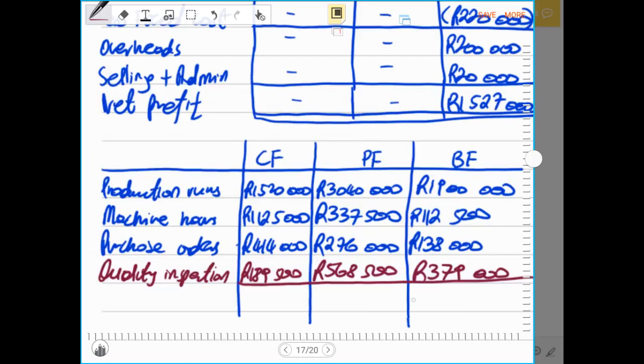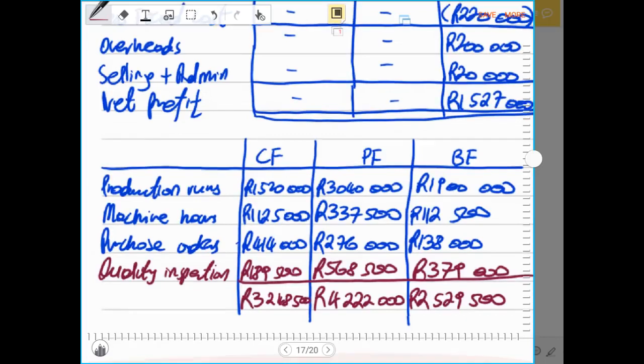So the last column is 2,529,500. For product PF, it is 4,222,000. And the first product is 3,248,500.